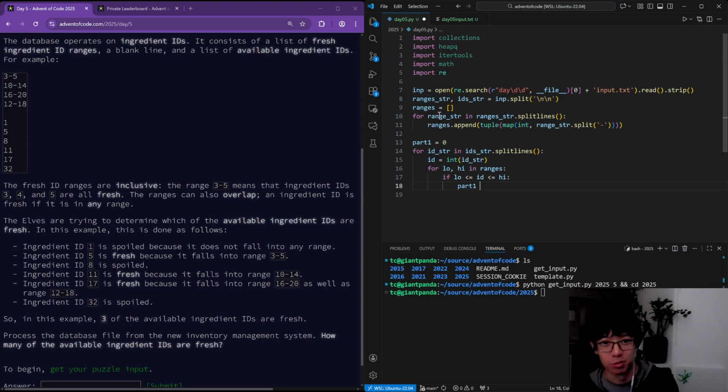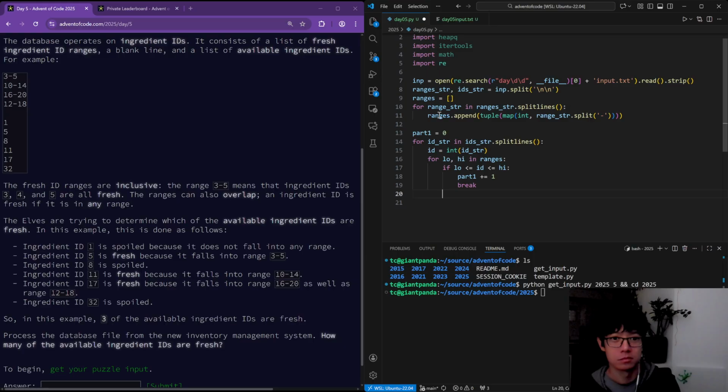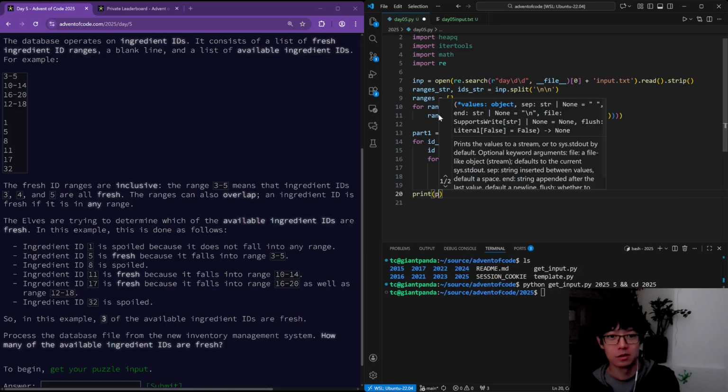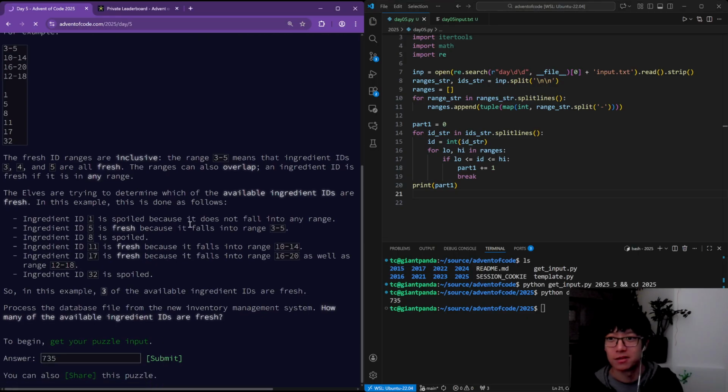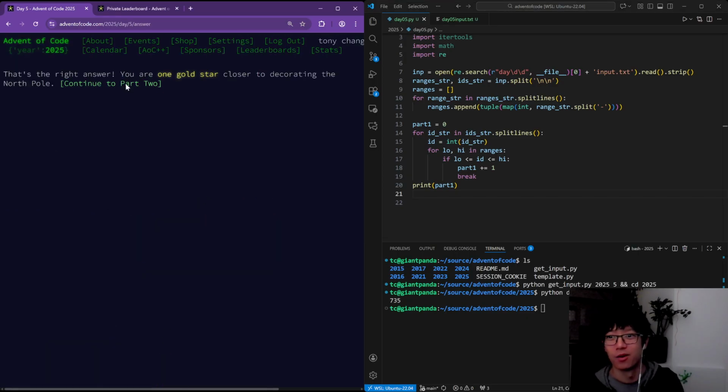This example is terrible, because it's the same either way. Okay, and then we can break. That's it. Okay. I mean, that should be right. Yay! Okay, this is gonna be something harder.